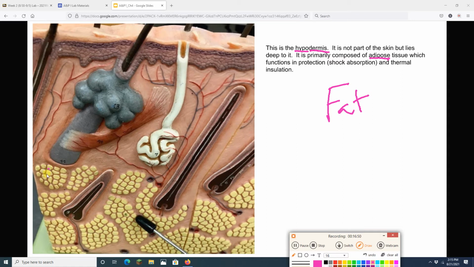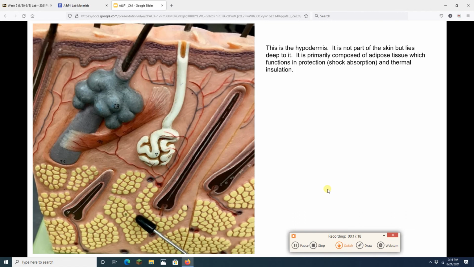All of these yellow guys here are fat cells. The better word for fat cells is adipocytes. You always have adipocytes under your dermis. And this fat is good for shock absorption. It's good for thermal insulation as well, preventing heat loss. All right. Excellent.